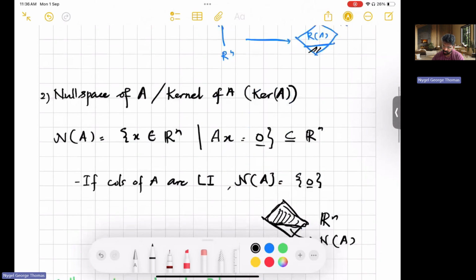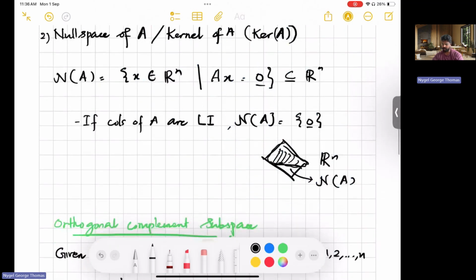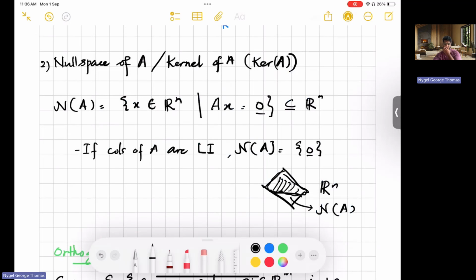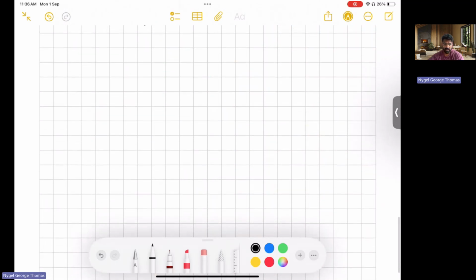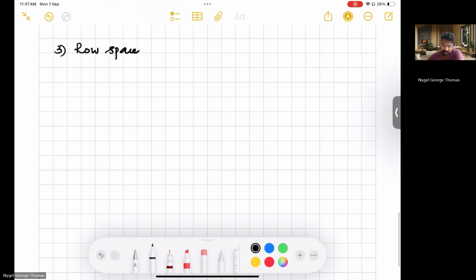So we've looked at the range space, or the column space, of a matrix A. We looked at the null space of A, the kernel of A. Now we look at something which is known as the row space, which is actually the orthogonal complement of the null space of A.